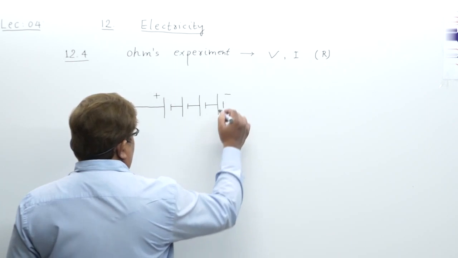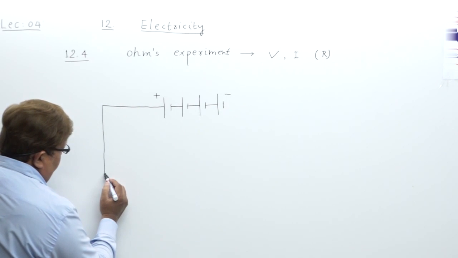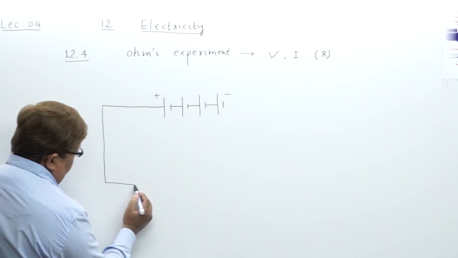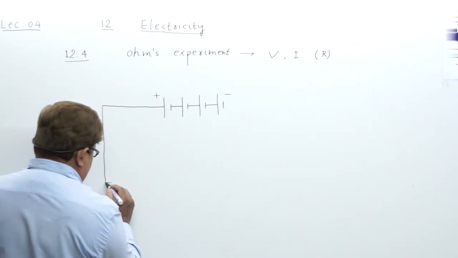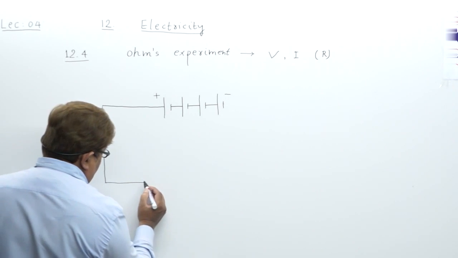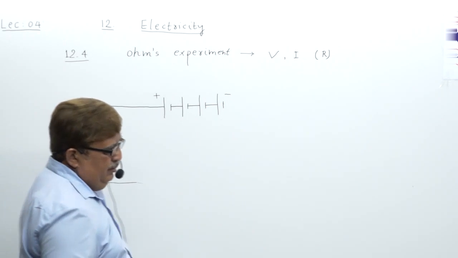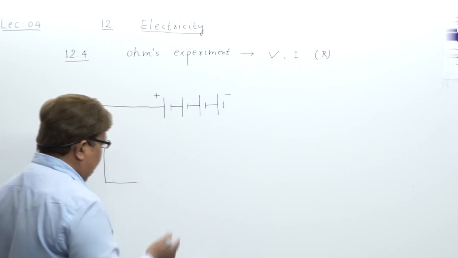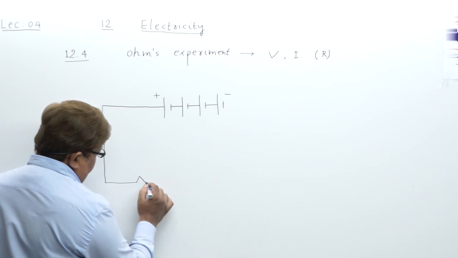After connecting the battery, let us think of one such wire which offers some resistance. So suppose, my dear student, we take one alloy wire which is nichrome. Suppose a wire is taken here. This is the nichrome wire.